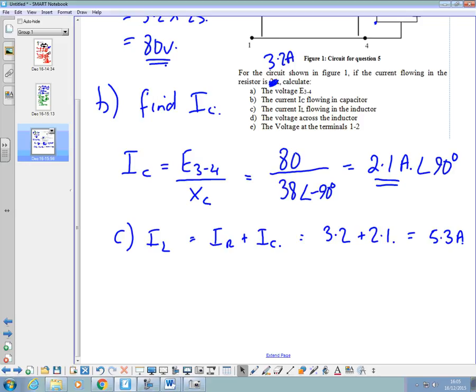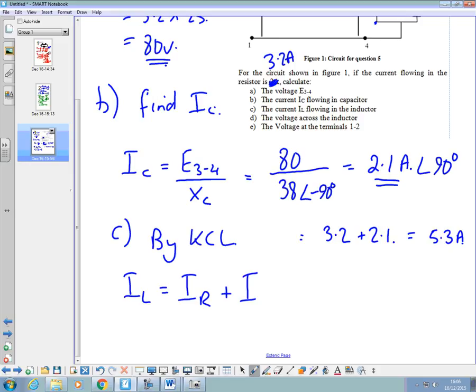How can I add? This here is Kirchhoff's current law. IL is IR plus IC, but we can't add them both together till we include that angle.